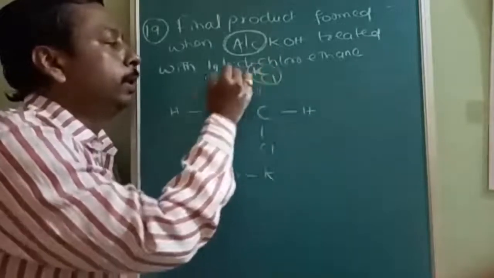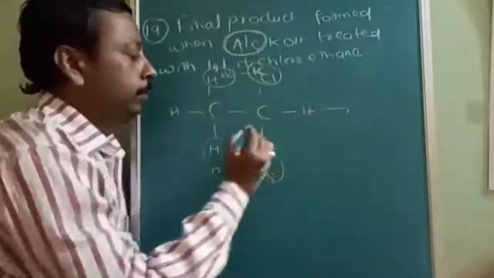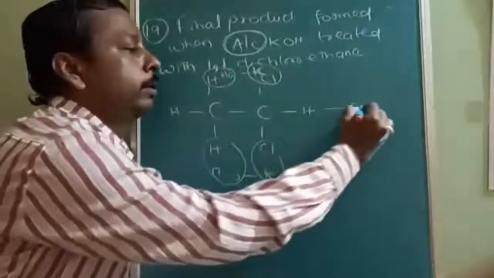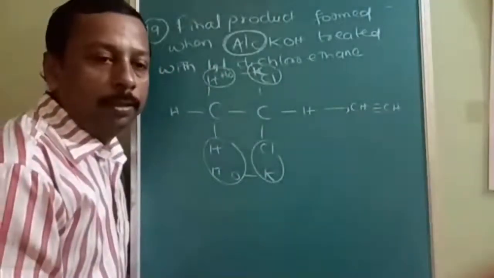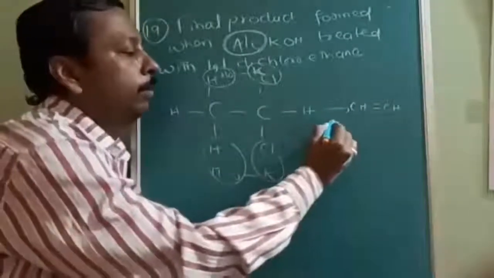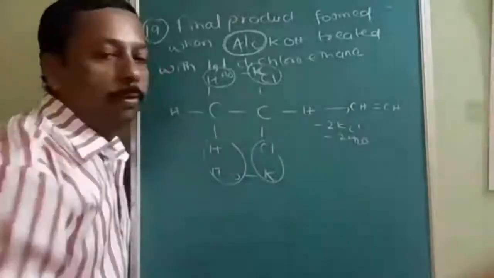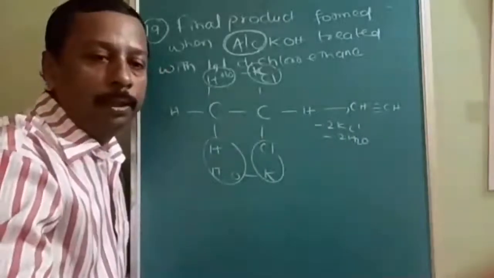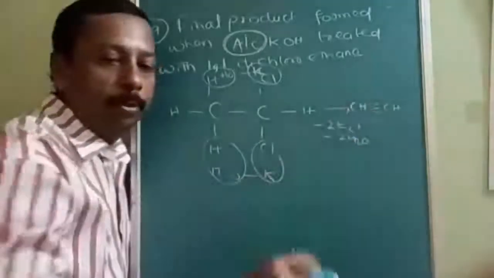So KCl and H2O, KCl and H2O. What is left over? CH triple bond CH, so the answer is ethyne. 2 moles of KCl and 2 moles of H2O will be lost, because of which the final product we get is CH triple bond CH.